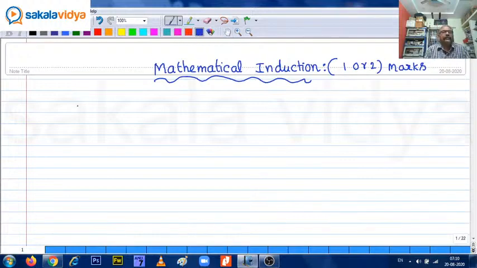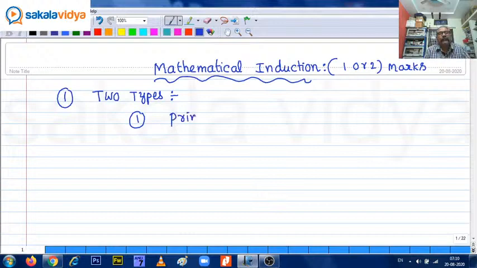See, the first concept we have here: the mathematical induction is of two types. One is the principle of finite mathematical induction.